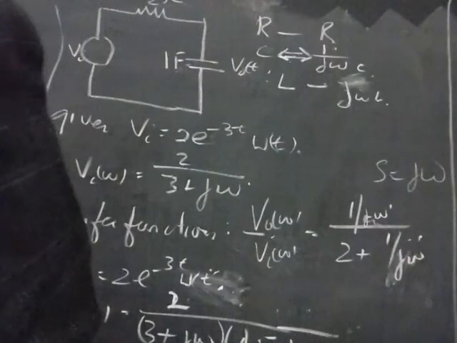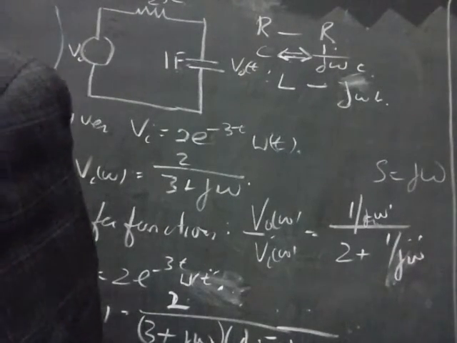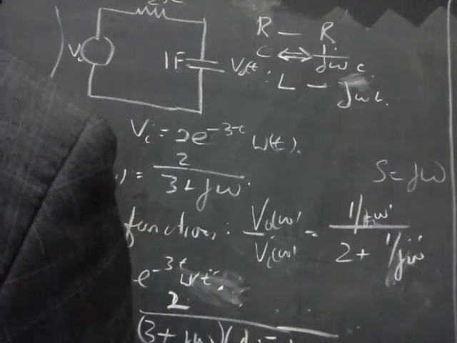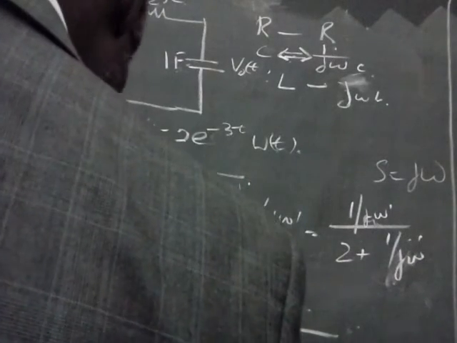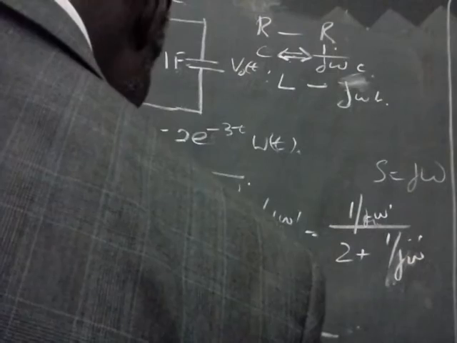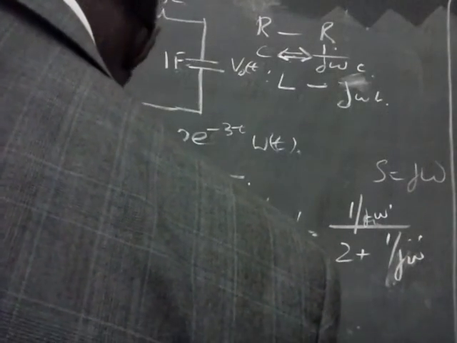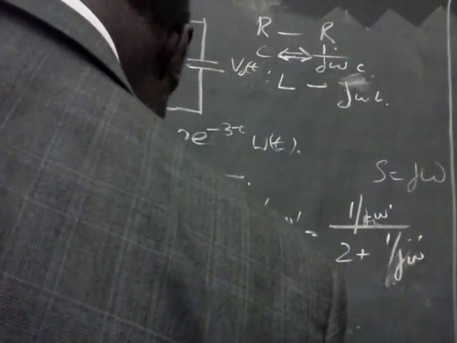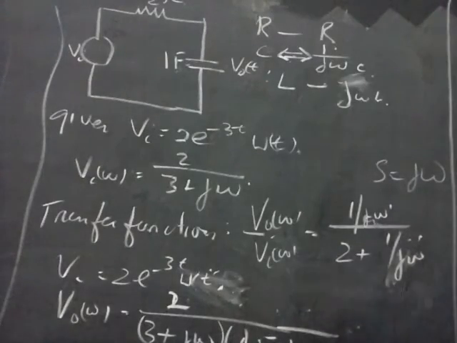Now, by partial fractions, this works out to V0 of omega equal to minus 0.2 over 3 plus j omega plus 0.4 over 0.5 plus j omega. All right, we do the partial fractions. You have done it.